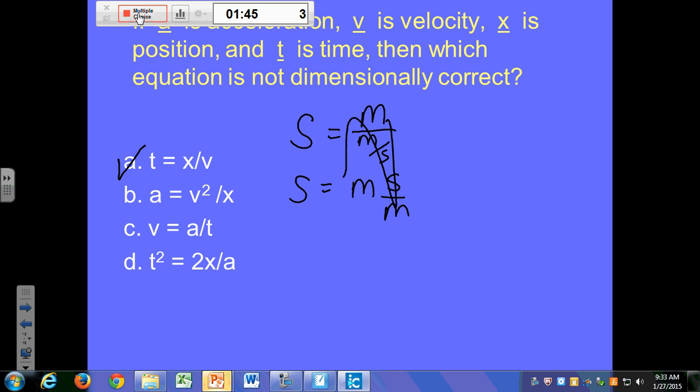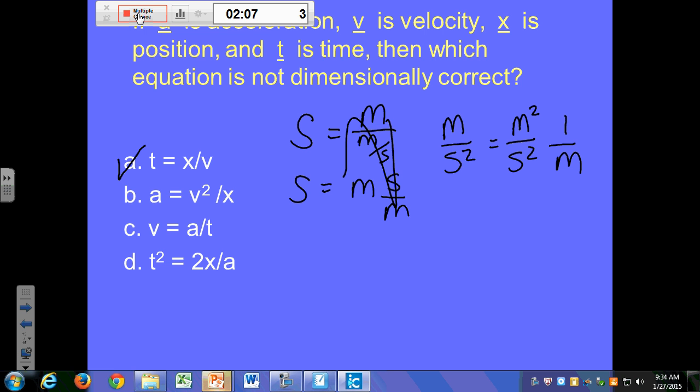Now let's do B. I have meters per second squared equals meters squared per second squared times 1 over meters. What I've done is x is meters, but it's in the denominator, so I've just written it as 1 over meters.